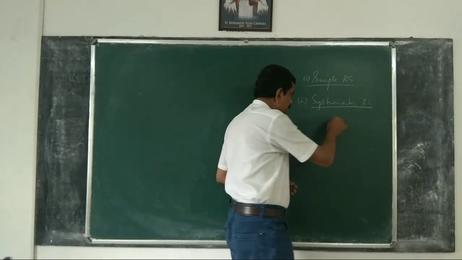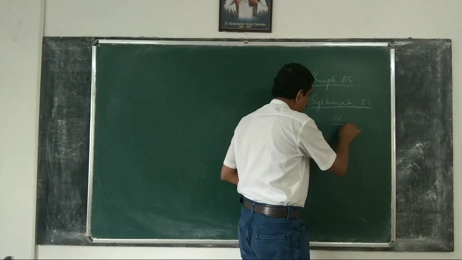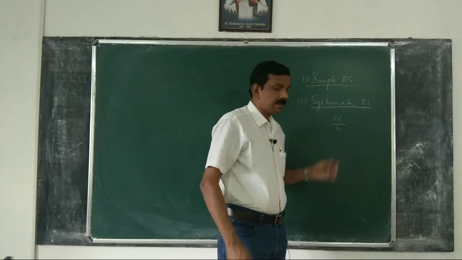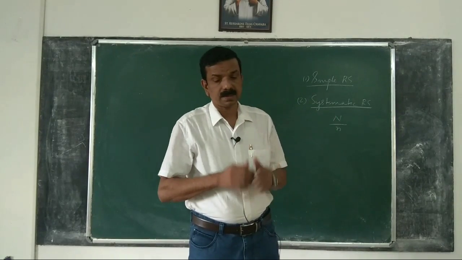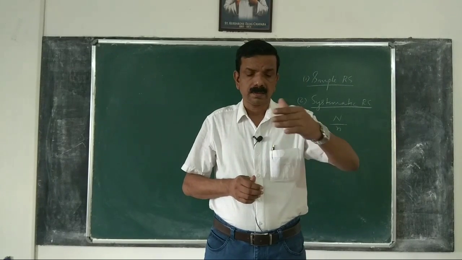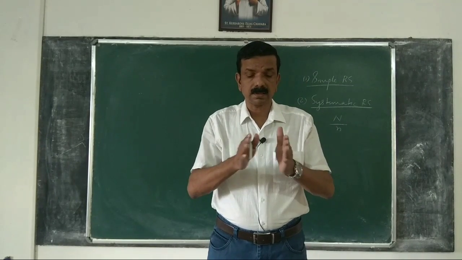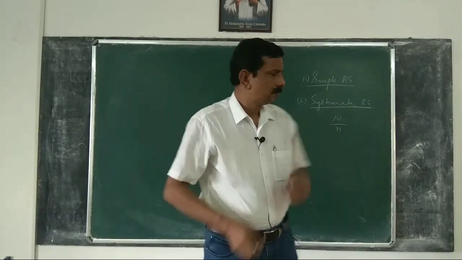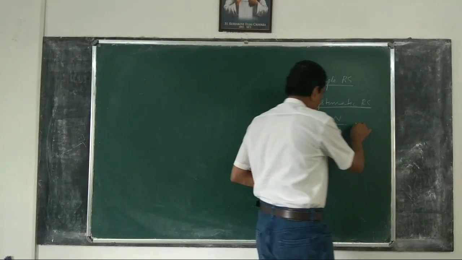If the population size is n, and the sample size is smaller than n, then we divide the population size by the sample size and round the result to a whole number, say m.